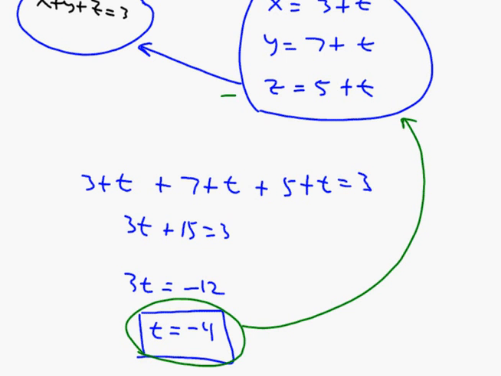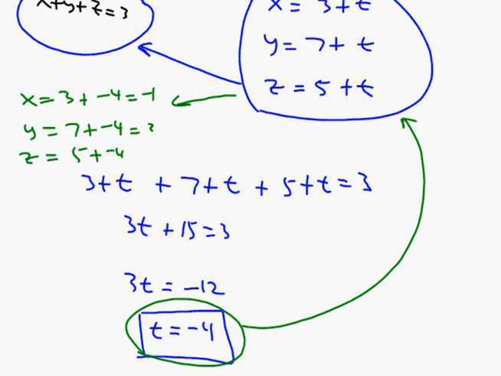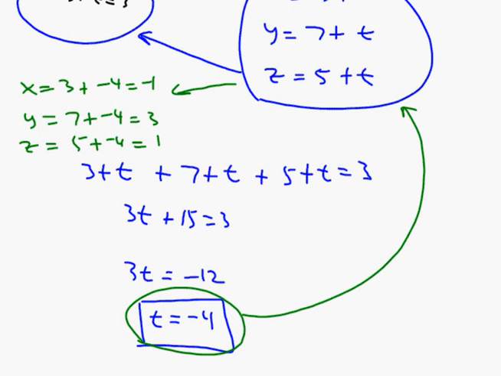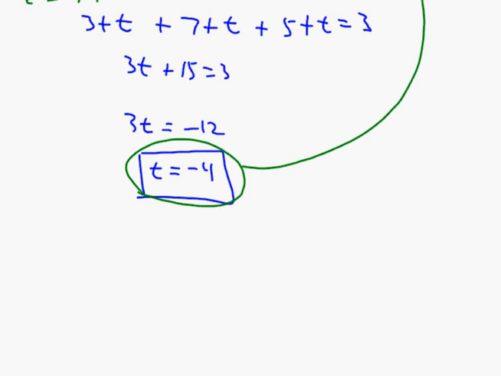So x equals 3 plus negative 4, y equals 7 plus negative 4, and z equals 5 plus negative 4. So that's going to be (negative 1, 3, 1). So negative 1, 3, 1 is the point of intersection.